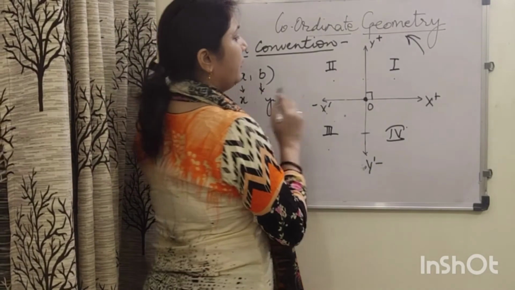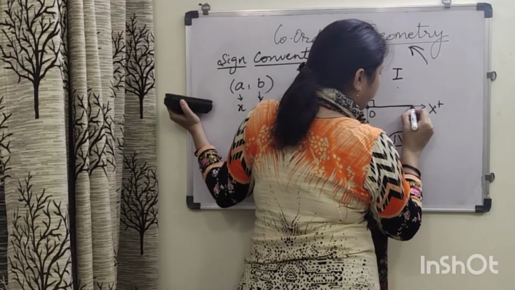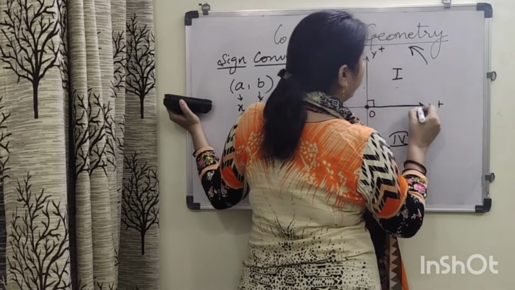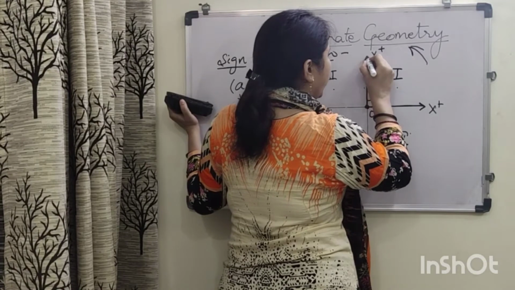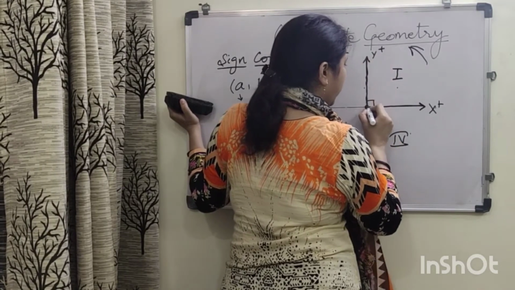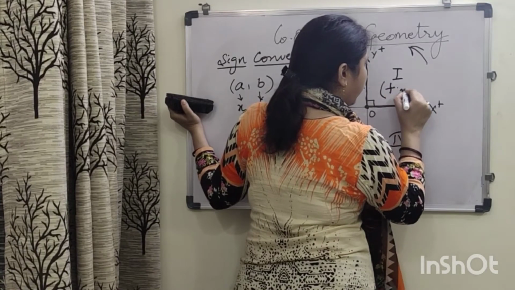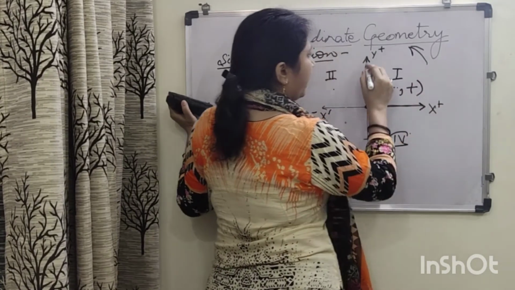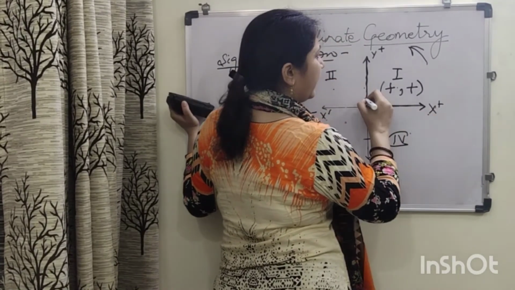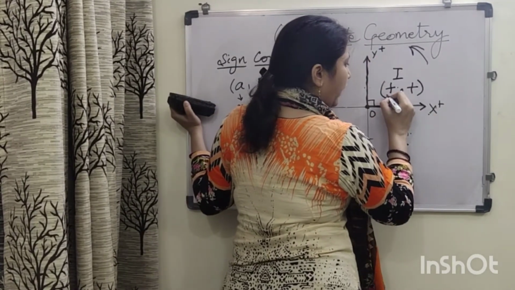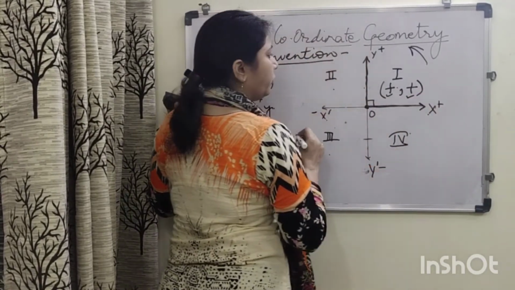Now in this quadrant system, if you look at the boundaries, children, please look always first for x, then for y. This L shape, here we have positive x and positive y. First you look for x-axis, then you look for y-axis. So x coordinate is positive, y is also positive.